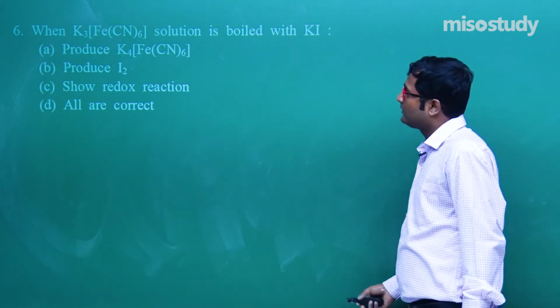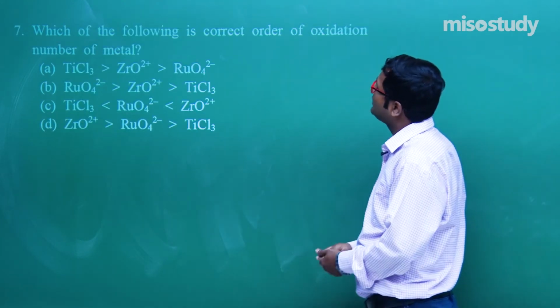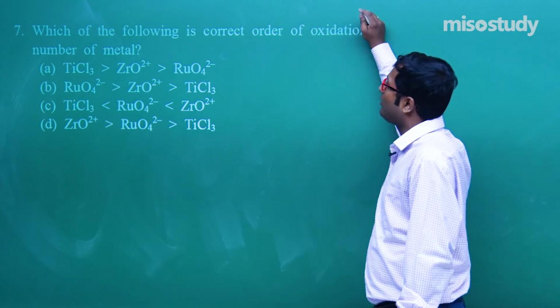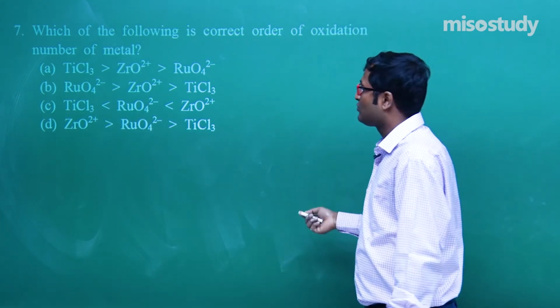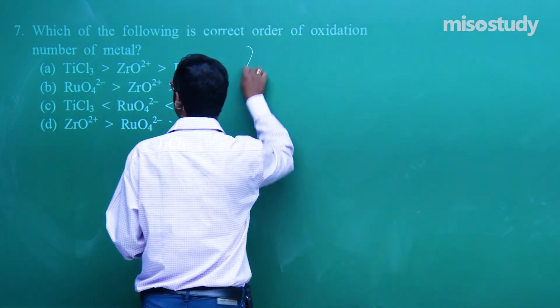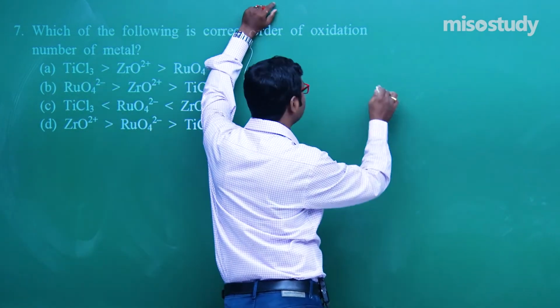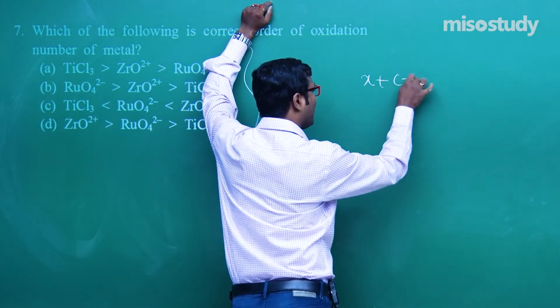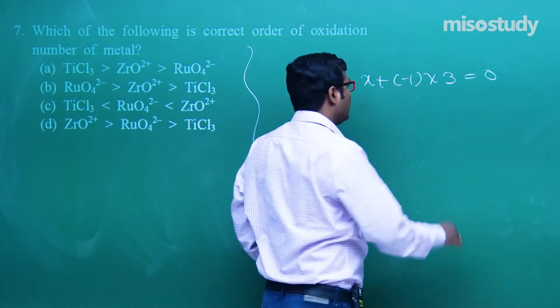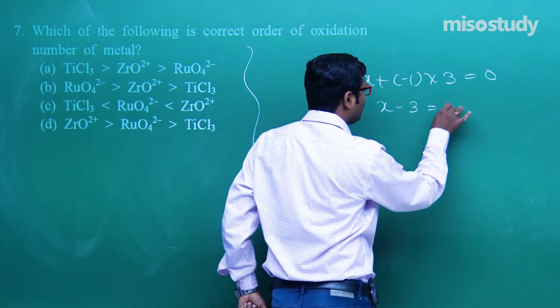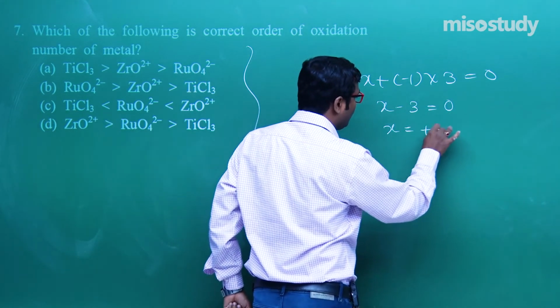Now, next one, question number 7. Which of the following is the correct order of oxidation number of metal? So find out the oxidation state in each and every case. If I talk about TiCl3, X plus (-1) into 3 is equal to 0, that is X minus 3 is equal to 0, X is equal to +3.